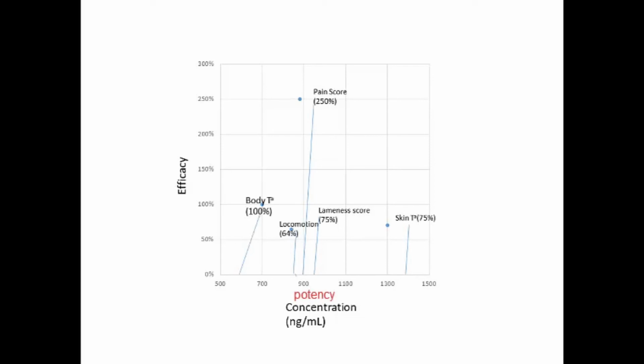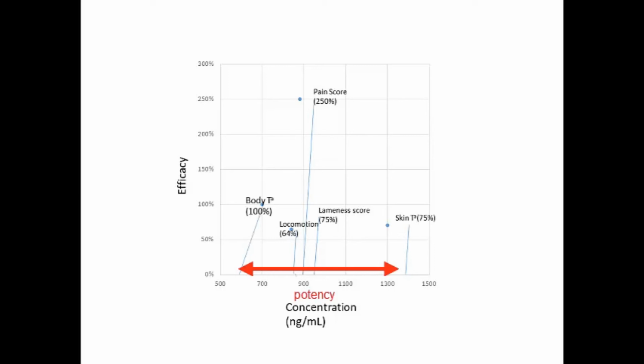And this is at what concentration of meloxicam in blood do I attain a certain clinical effect. So as you can see here, they needed lower concentrations of meloxicam to have an effect on body temperature compared to any of the other endpoints.